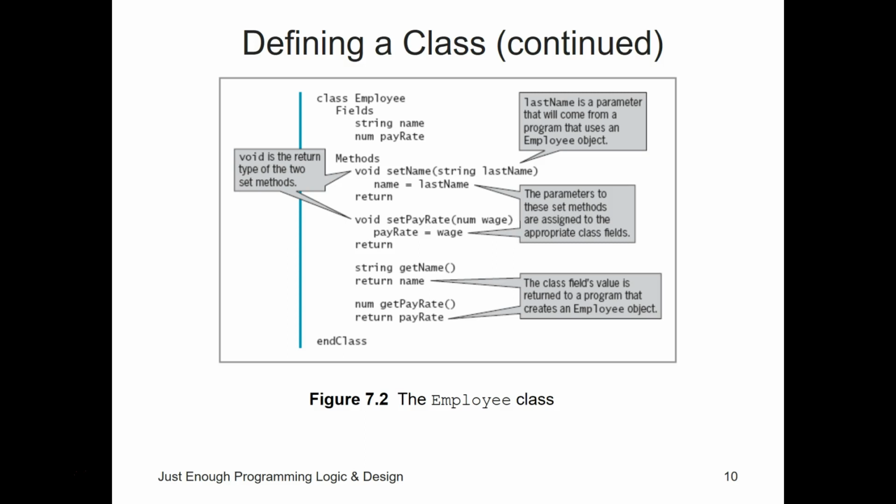Set pay rate, well, that one's pretty important. We like to have our pay rate set. So we have a method that sets that pay rate equal to a value that gets pushed into it. We have one called getName. We have one called getPayRate. So some way we can get that data back out of a particular employee. We have a way to put data in. We have a way to get data out.